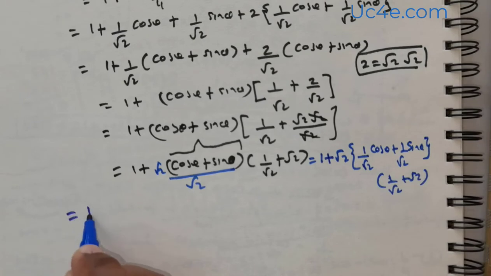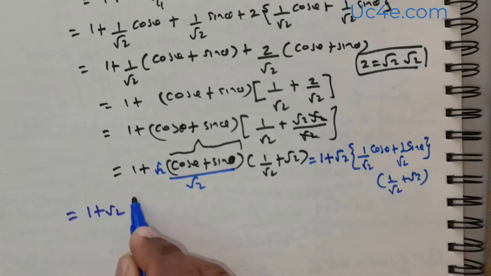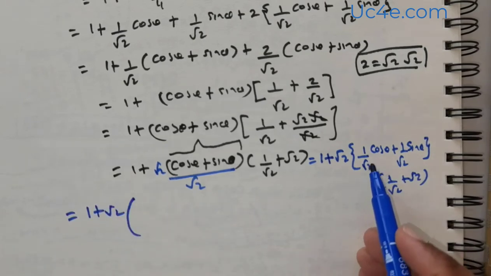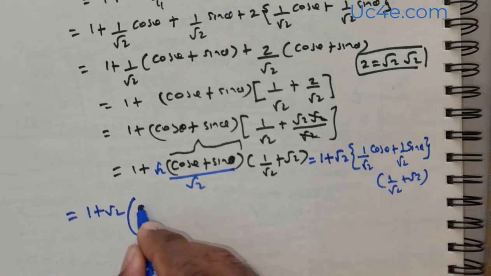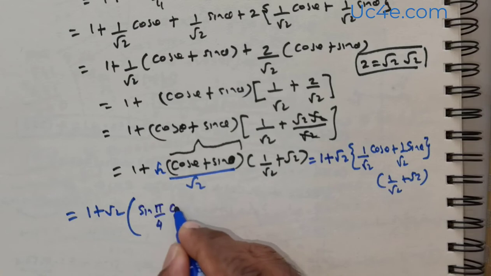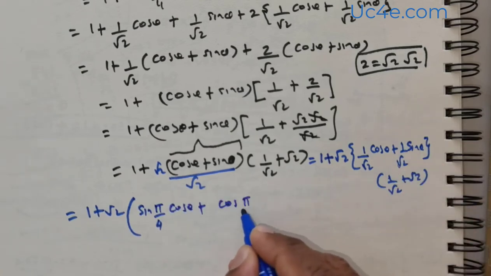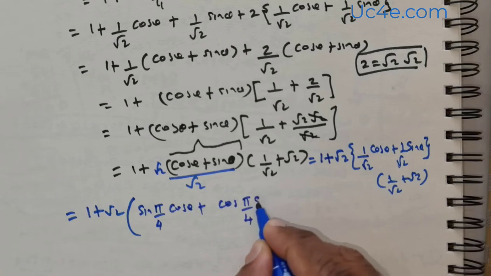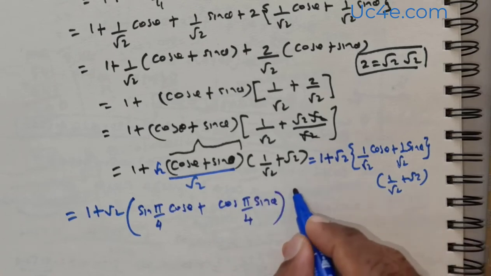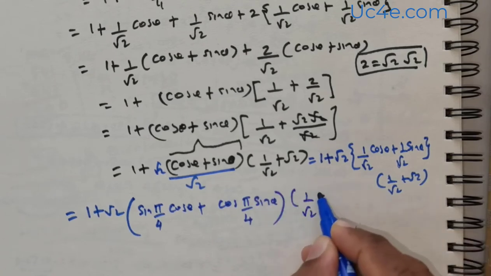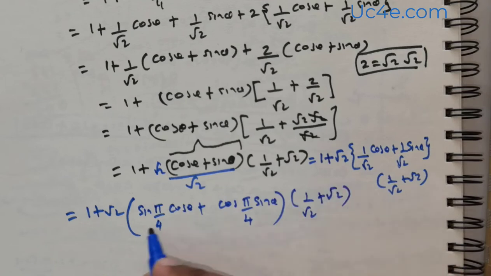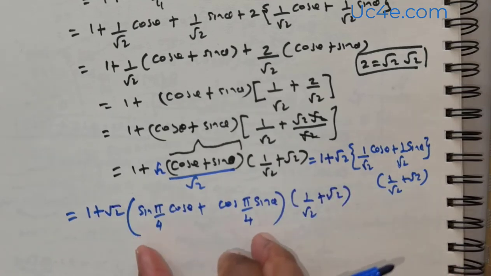Now this is equal to 1 positive root 2 times, now 1 over root 2 I can have as sine pi over 4 times cos theta. Now 1 over root 2 I can have as cos pi over 4 sin theta, times 1 over root 2 positive root 2, right? This is what I've got. Now what is this?